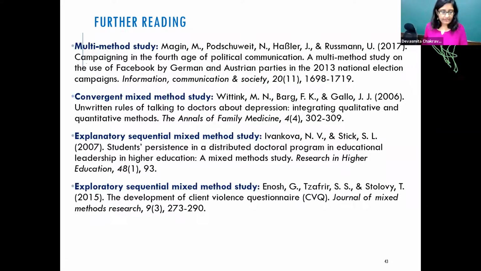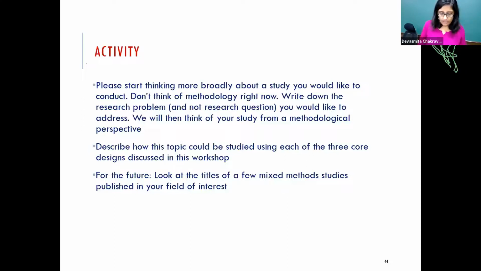Okay. So these are the further readings, the papers that I shared with you. You'll also have them in the slides. All of them are available on Google Scholar. The activity that I don't think we have time to do now is, I told you to think about one study that you want to do.